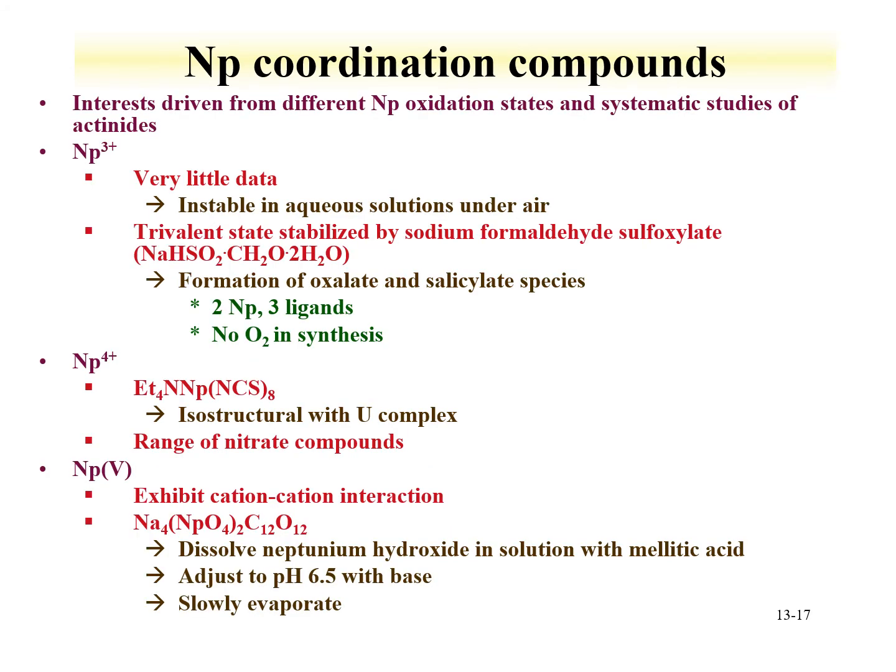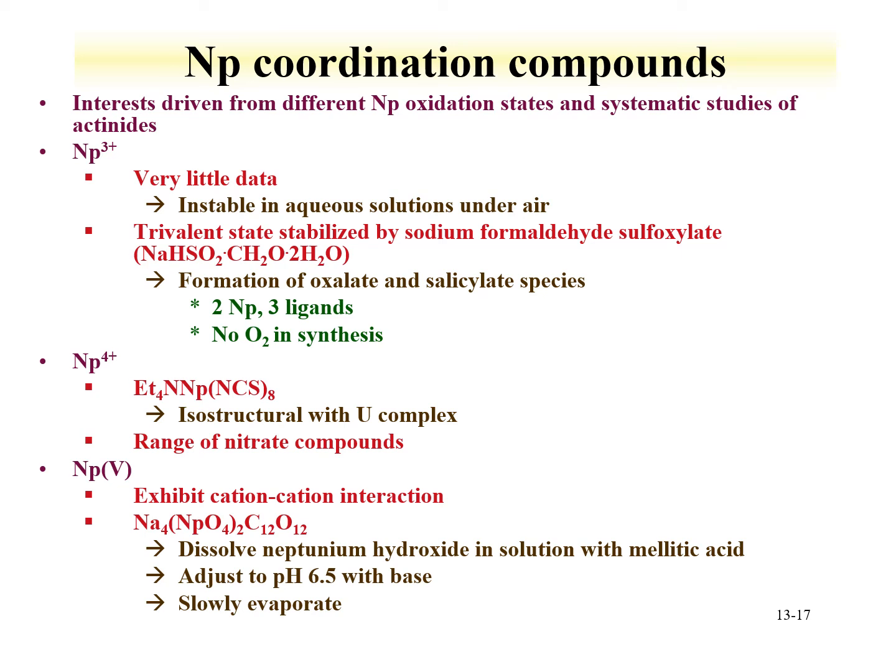An area of fundamental chemistry that involves neptunium is coordination chemistry. This interest is driven by the different oxidation states that neptunium has and the ability to perform systematic studies of the actinides. For neptunium-3 coordination compounds, there's very little data due to the instability in aqueous solutions under air. For neptunium-4, a few compounds have been formed, and they are found to be isostructural with the uranium-4 complex.